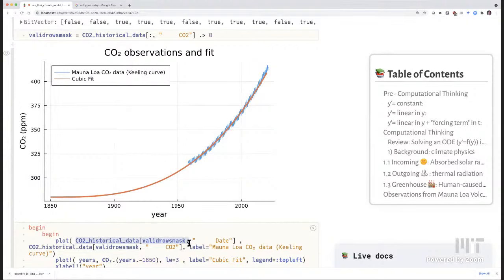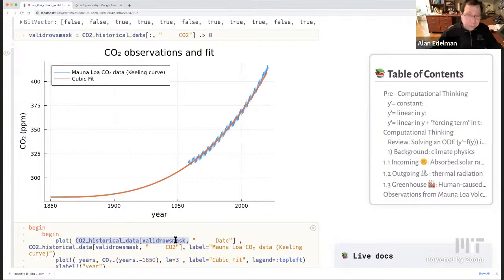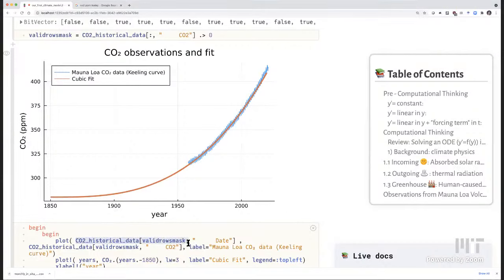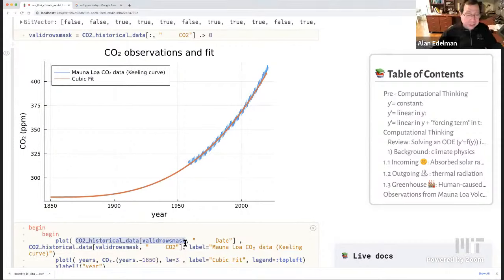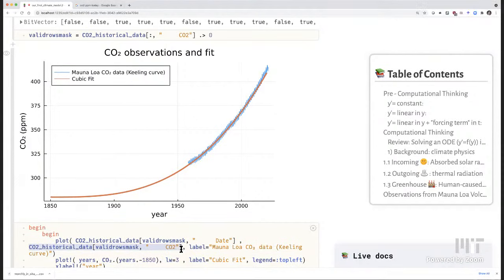Then we want to take the rows that correspond to the trues in that vector, and that's happening with this indexing command right here, and also here. That's what we mean by a mask.